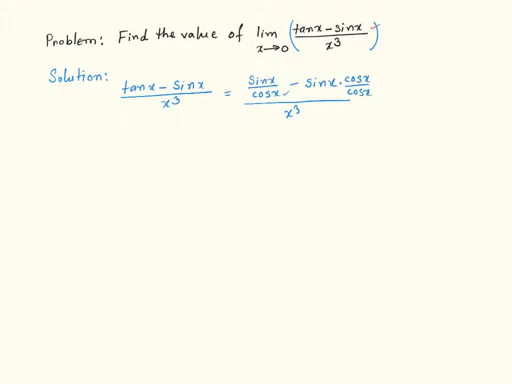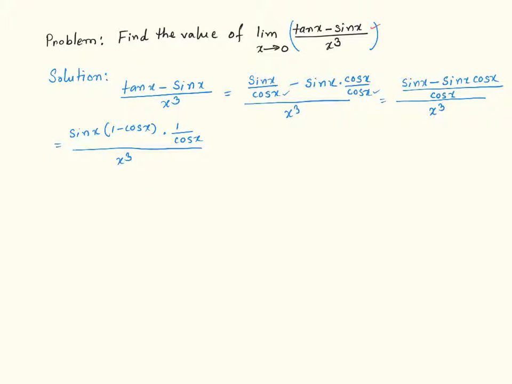I have cosine of x in the denominator here, and that's going to give me x cubed in the denominator, but in the numerator I am going to have sine of x minus sine of x times cosine of x, all of it divided by cosine of x.